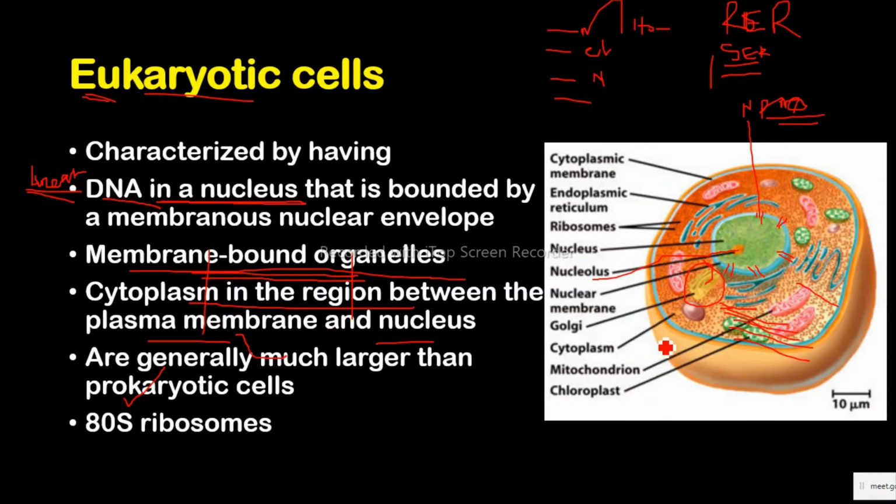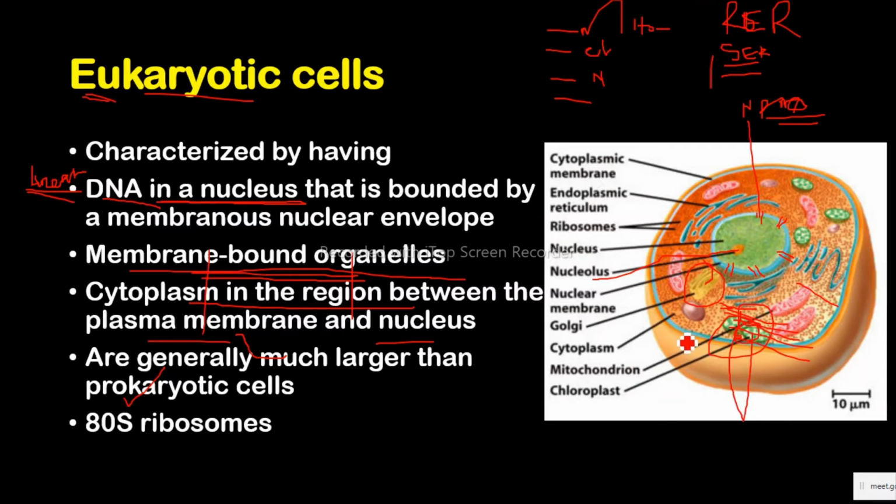Then in the cytoplasm you have the mitochondrion. What else? The chloroplast, depending on which type of cell. If it is an animal cell, then don't expect to find this. But if it is a plant cell, then you find chloroplasts.